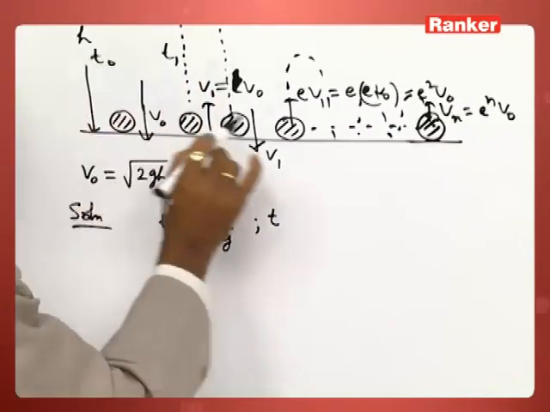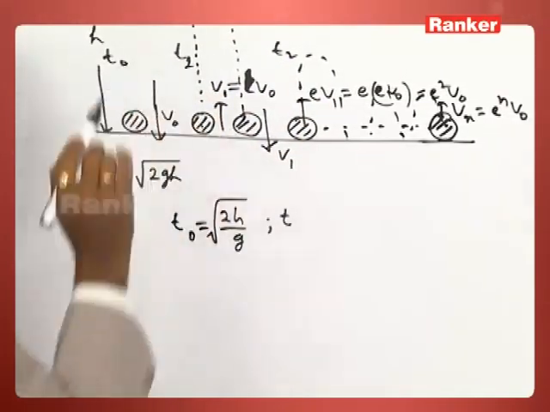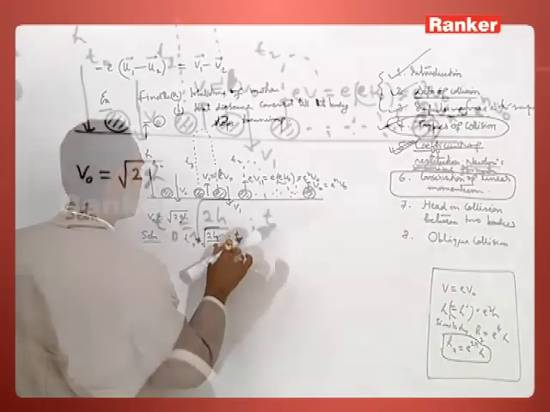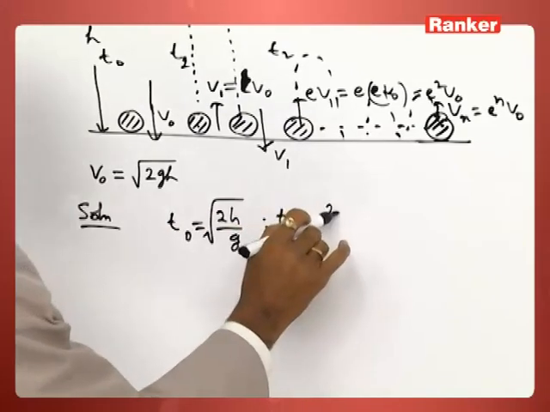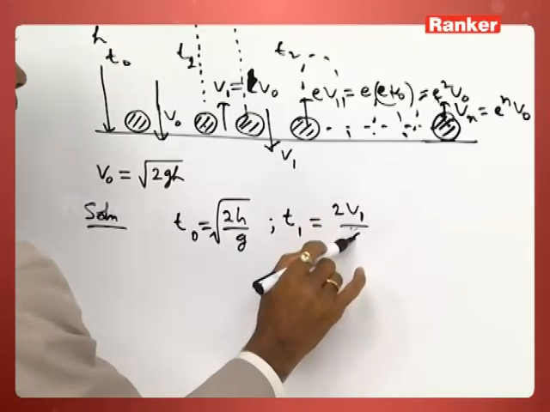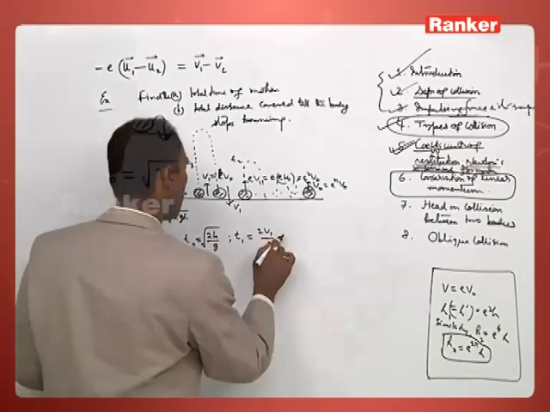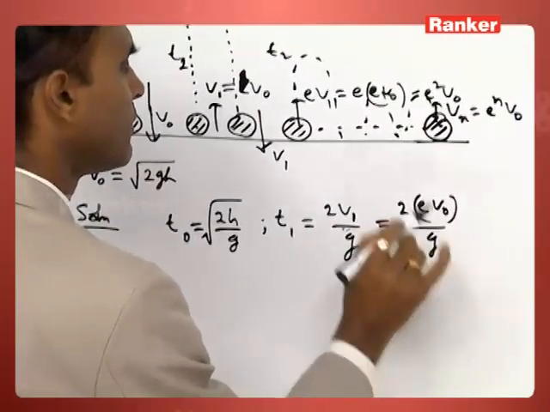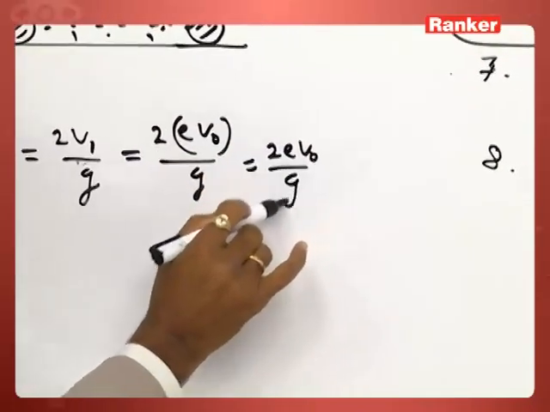This is t0, this is t2. But between the first and the second collision, the time interval is t1, and that's equal to v1 upon g. v1 equal to e into v0, that is e v0 by g.